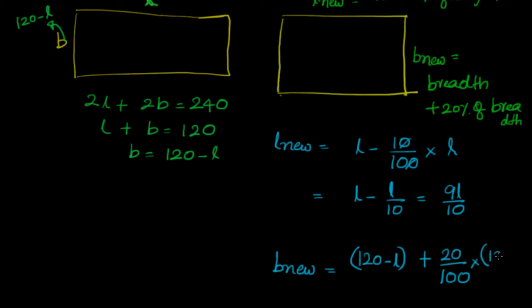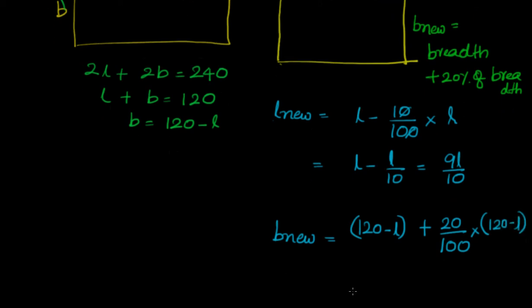So 20 by 100 into (120 minus L). Let's do a little simplification here. If you take the LCM, it becomes 120 by 100 into (120 minus L). I hope you are okay with that. That's equal to 12 by 10 into (120 minus L).